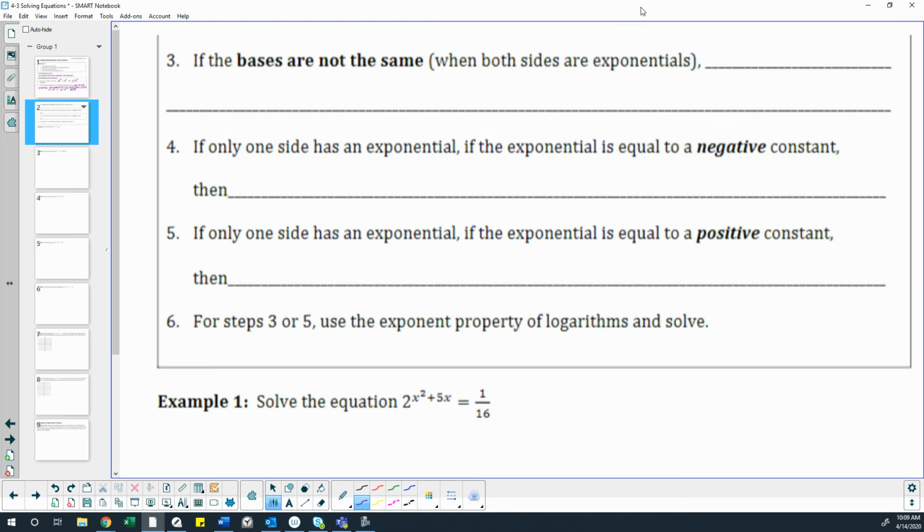If the bases are not the same when both sides are exponential, like b to the m equals a to the n, then we're going to take the log of each side.